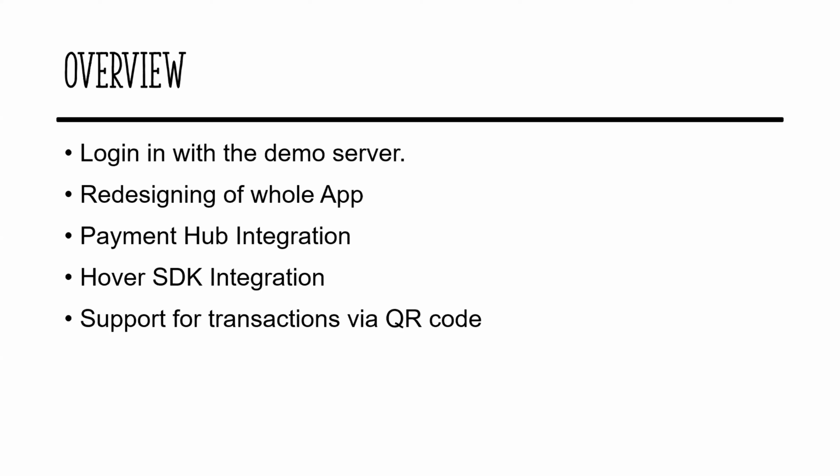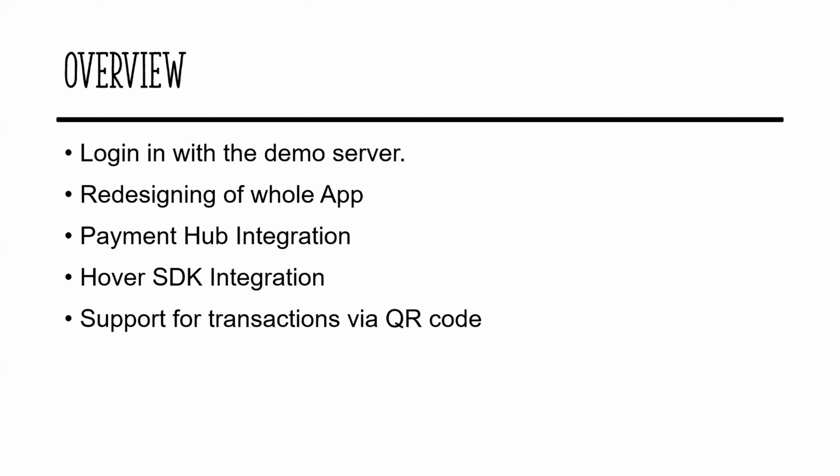This allows us to make payments by the use of USSD transactions in MTN Uganda SIM services. And next I also added support for transactions via QR code. So with the help of QR code, now you can make transactions.